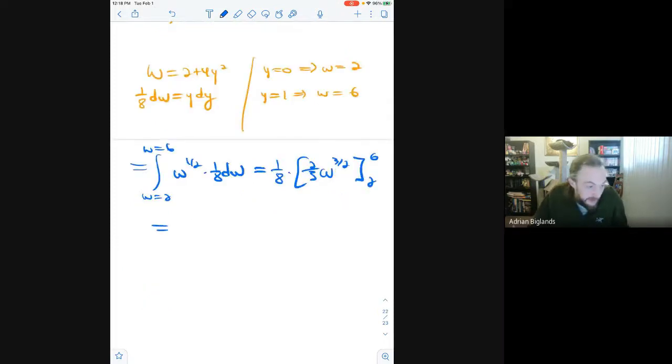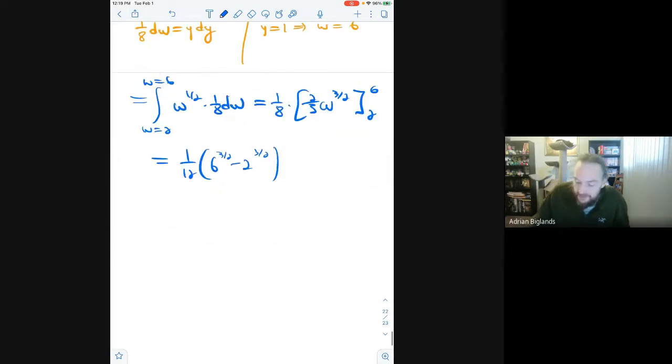What do I get? 1 over 12 times 6 to the 3 over 2 minus 2 to the 3 over 2, which you can leave like that, I guess, or you can put it fancy if you want. This is 6 root 6 minus 2 root 2.